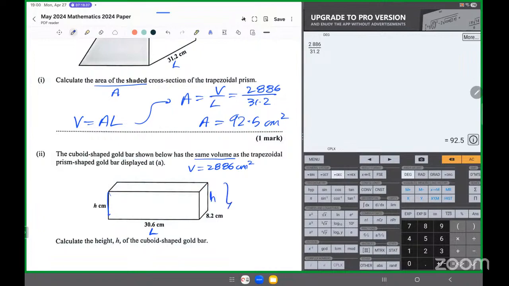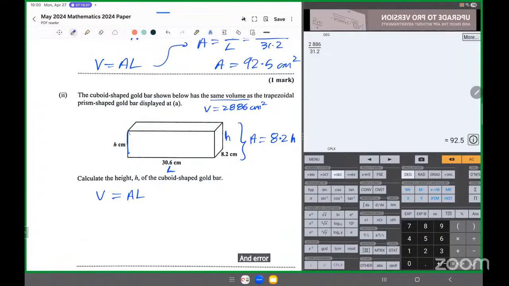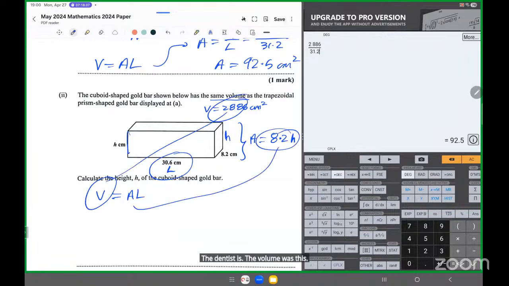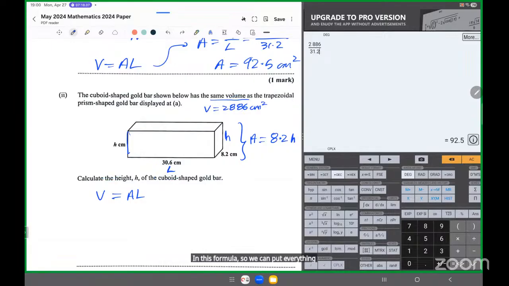So for this one, the end area becomes 8.2 times H. You're doing the same thing down here: volume is end area times length. The length is this, the volume you know is this, and the end area is this. We can put everything in the formula.